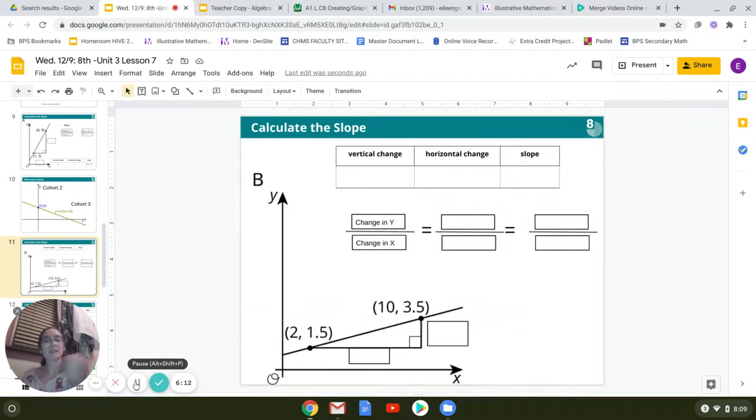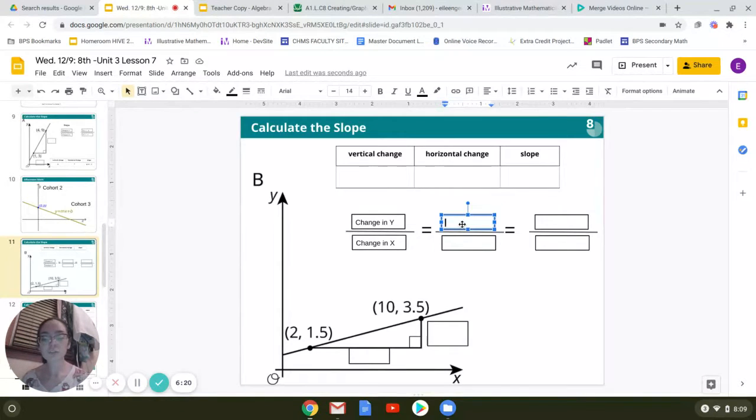So we can say that slope is equal to the change in our y values over the change in our x values, which is our vertical change over our horizontal change. Okay, so we're talking about vertical change over horizontal change.